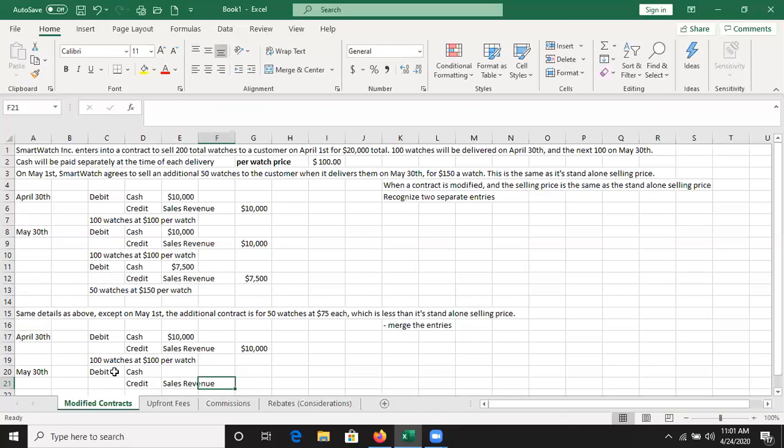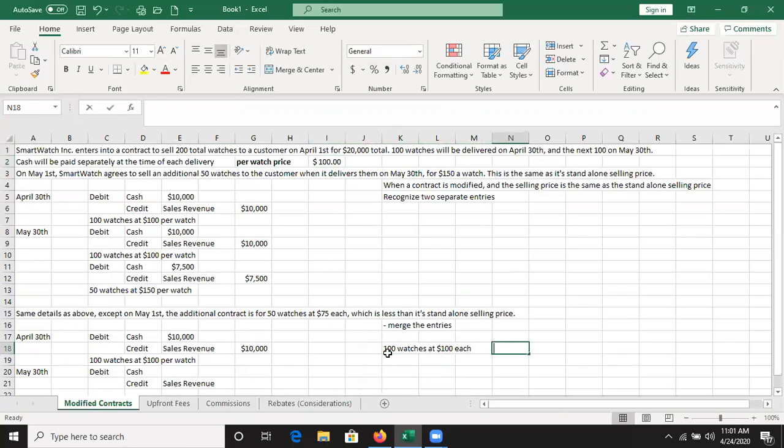Now we're all smart. We could put the math together. But what we need to find out for our notes is what is the per watch price. So what this means is on May 30th, we're giving 100 watches at $100 per watch. So 100 watches at $100 each.